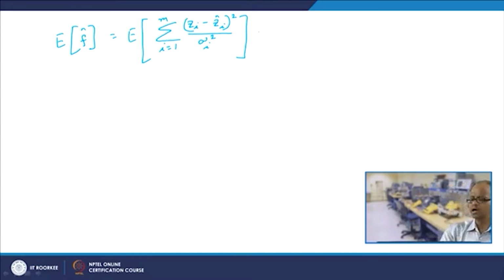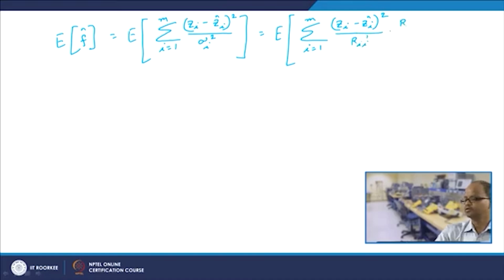Now, we can write this as R I dash into R I dash by sigma I square.